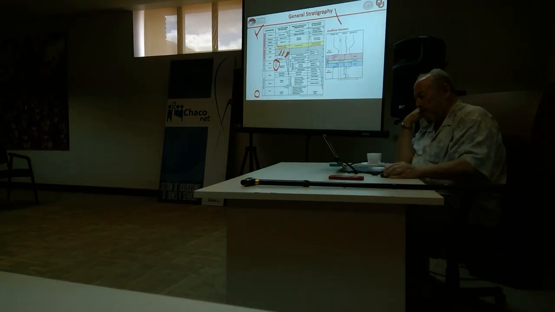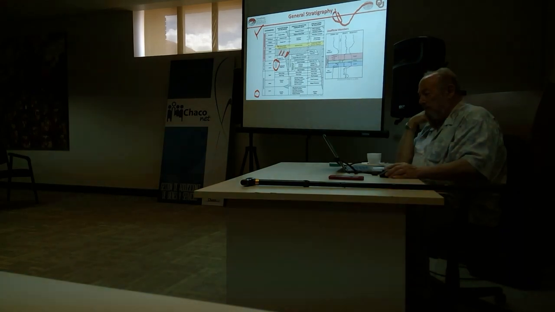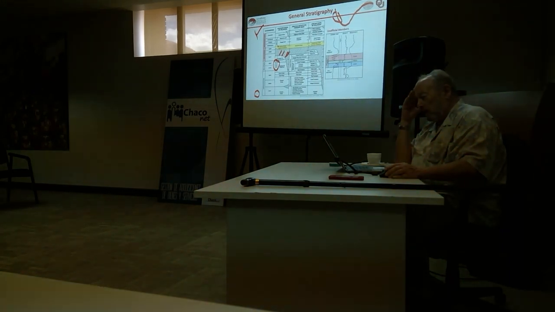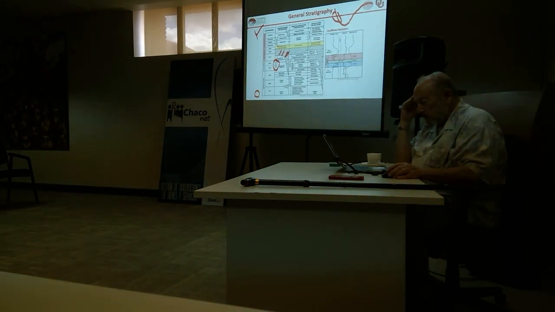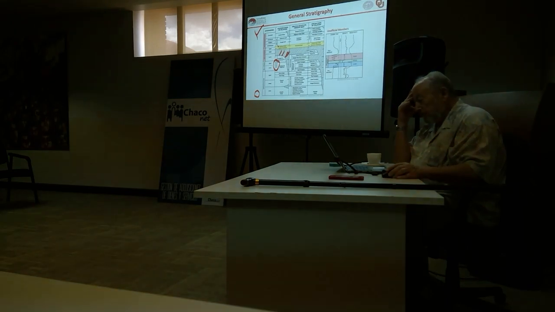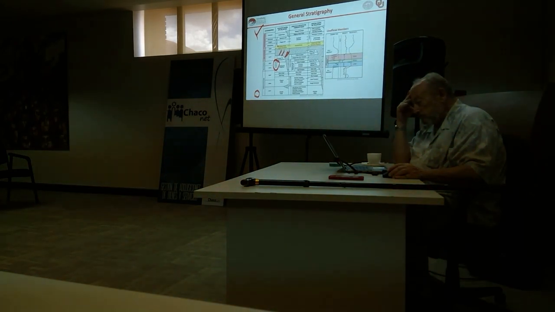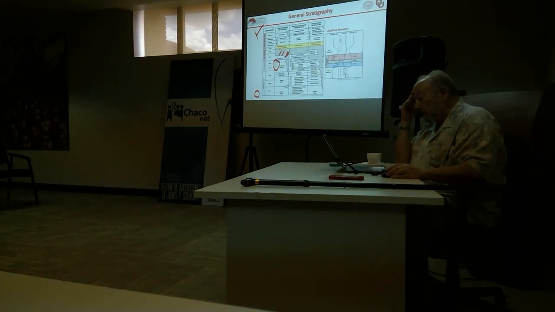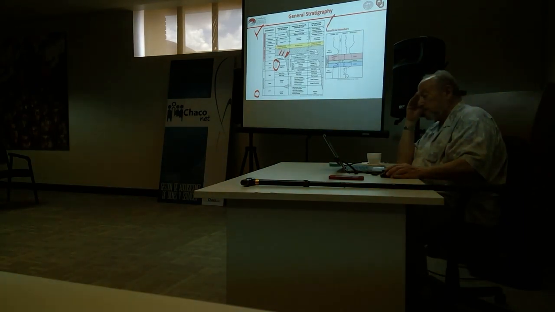So we have something like this. Here's our sea level curve again. We drop sea level. Let me add to that. Okay, so let's do our sea level curve like this.